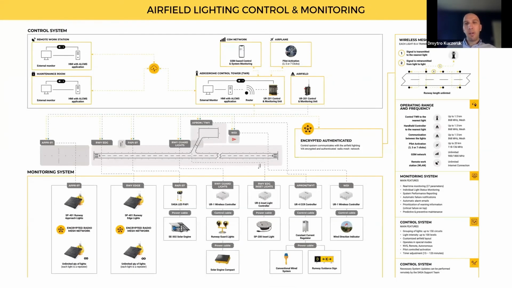This is a pretty complex drawing that shows the philosophy of the S4GA control system. I'm not going to talk about all of it today because this really requires a separate webinar.